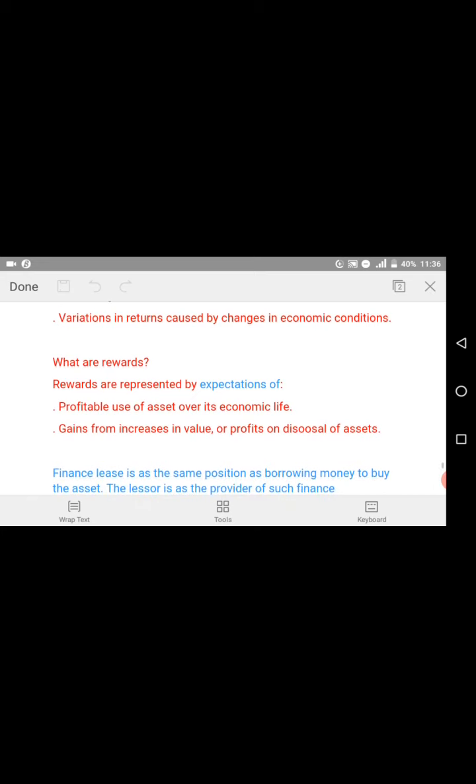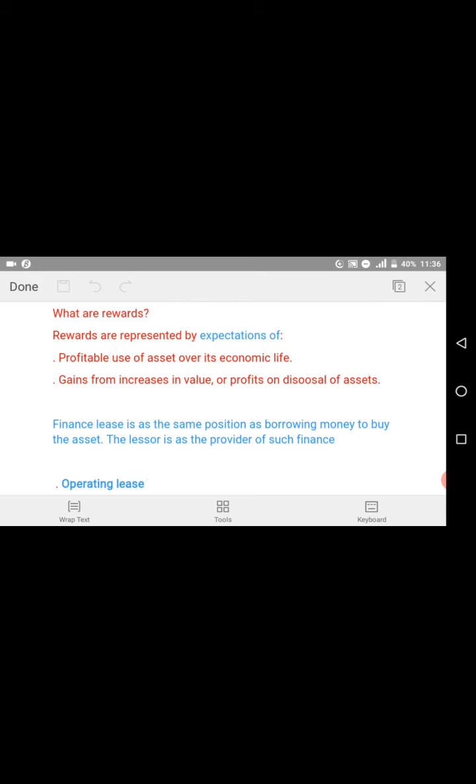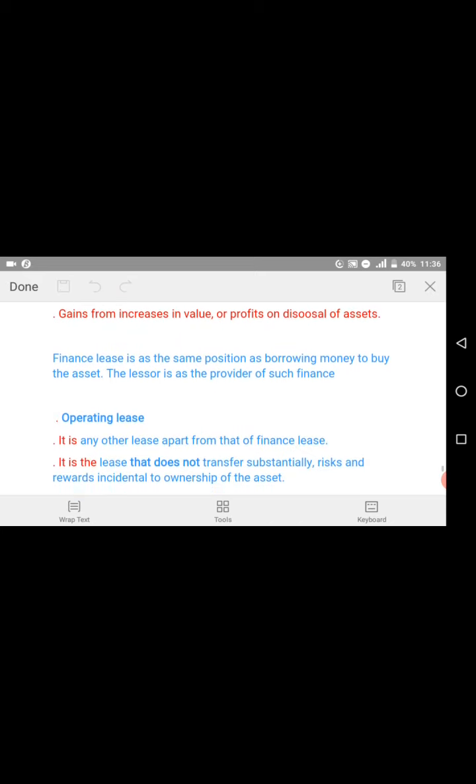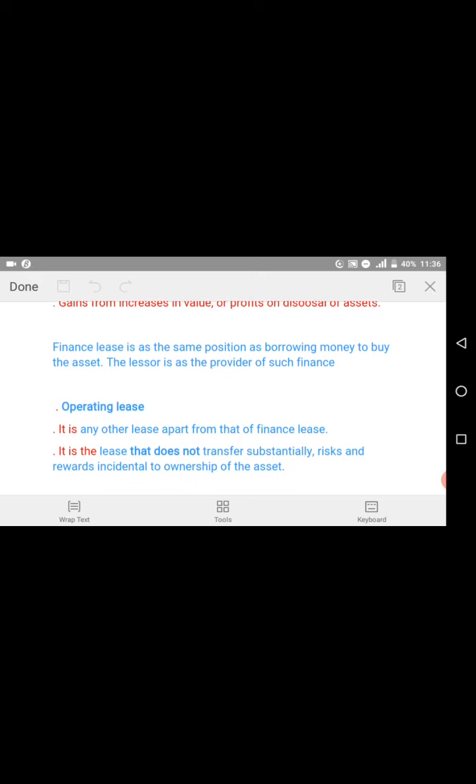Rewards are represented by expectations of: one, profitable use of assets over their economic life; second, gains from increase in value or profits on disposal of assets. A finance lease is in the same position as borrowing money to buy the asset. The lessor is the provider of such finance.